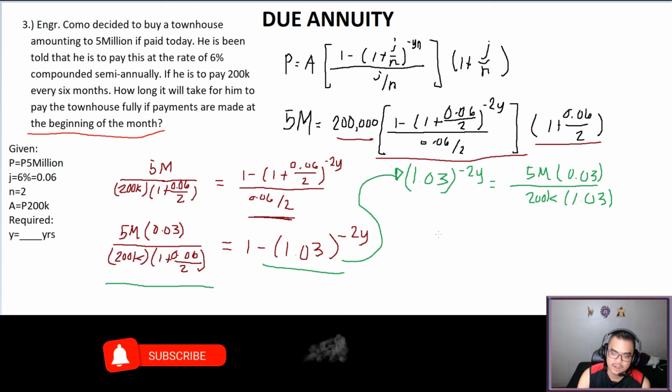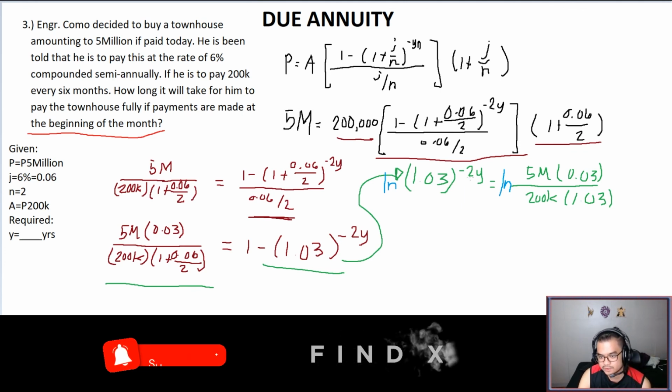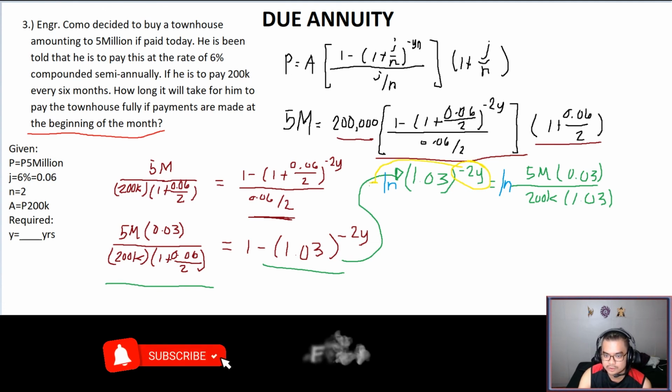Okay, so taking the ln of both sides, you'll have here ln and then ln. Taking the ln of both sides, this exponent, the negative 2y, can go down here, right?